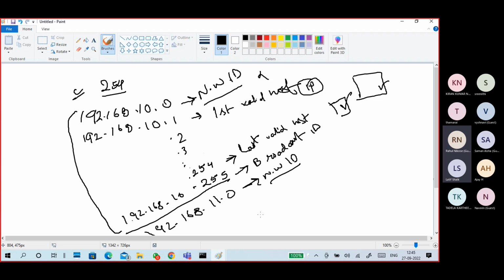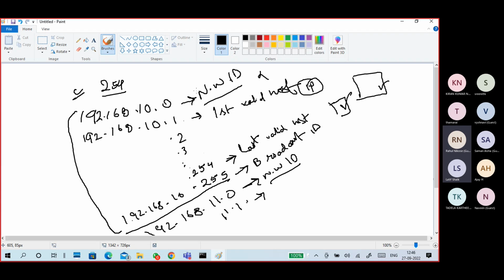This is the first IP address in the network, the network ID. The next one becomes 11.1, which is again the first valid IP in this network. This and this won't communicate with each other. Both are separate logical networks.